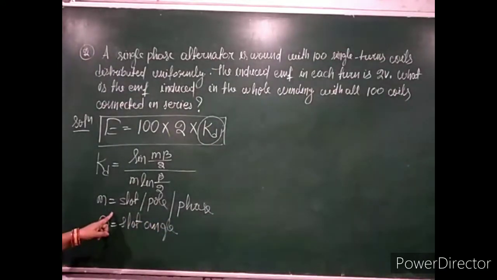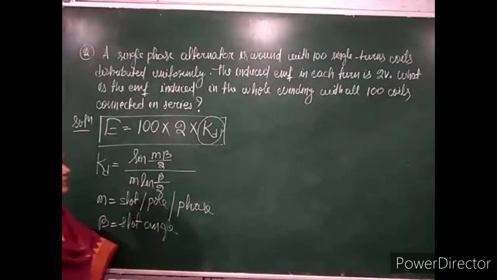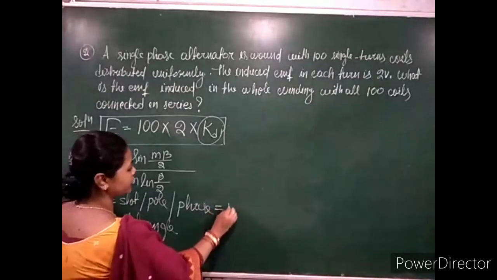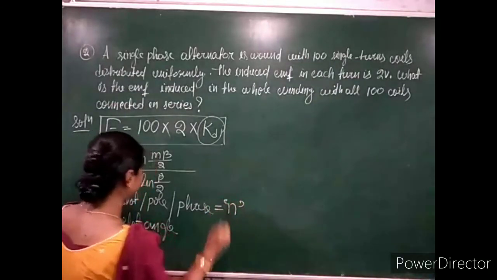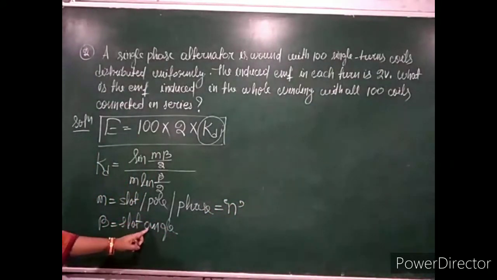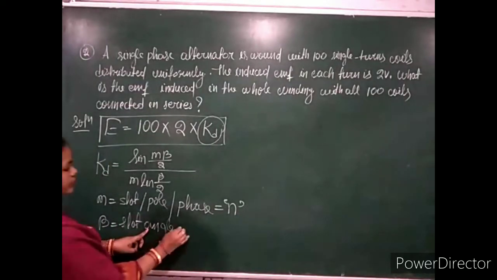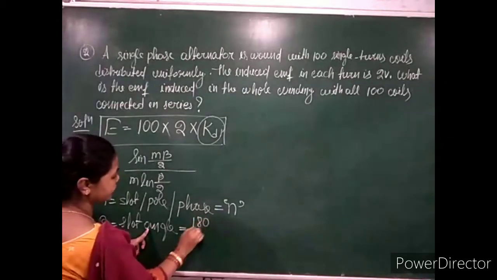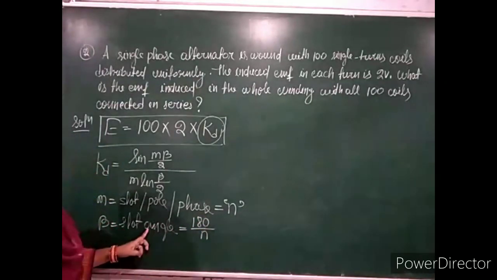As it is a single phase alternator, slot per pole per phase is equal to slot per pole, that is n. Slot angle is the angle between two adjacent slots, that is 180 by n.